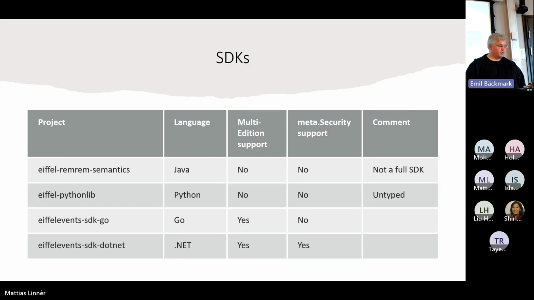And the friends at DoWiles, when they implemented the .NET SDK, also implemented a security feature. The Eiffel protocol has a possibility to take an event, hash it, and incorporate that hash inside your event, so you know if it has been tampered with or not. That is actually supported with the .NET SDK.